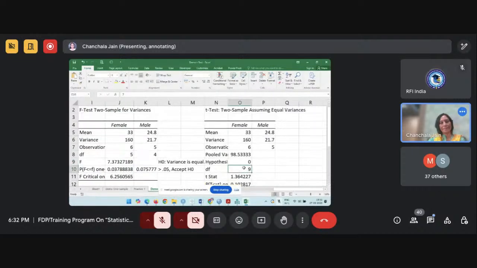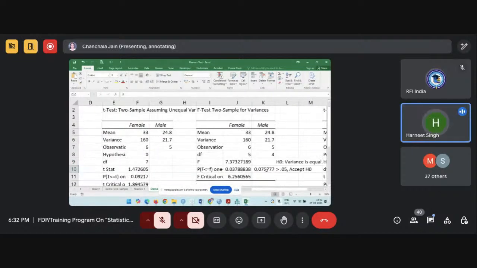Now in the F-test two samples for variance, we have multiplied the p value by 2, the F value of one tail into 2. But we have not multiplied the F critical into 2. Why so? Because I am making my decision on the basis of the p value. I have made the comparison using this p value.